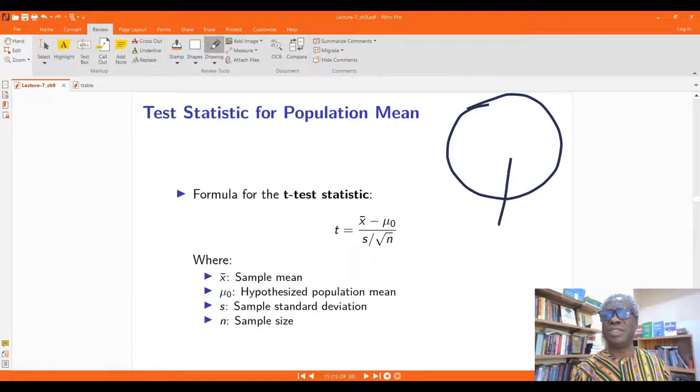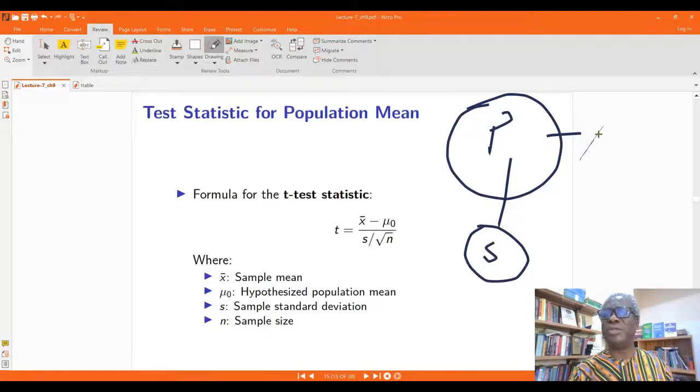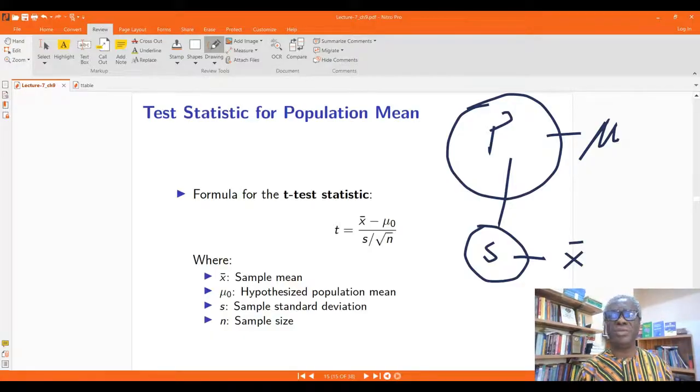So the usual thing is to take a sample from this, and in the population the mu is the population mean, which we don't know, but the corresponding sample statistic is the X bar. So we can test hypotheses regarding the population mean.